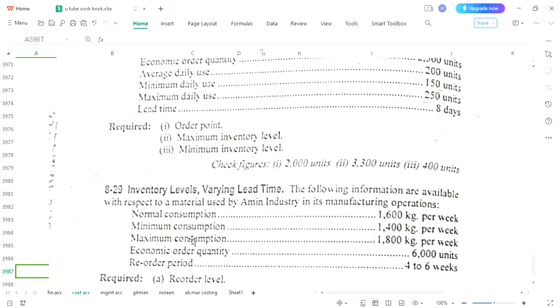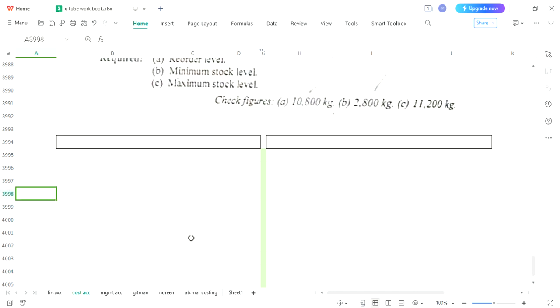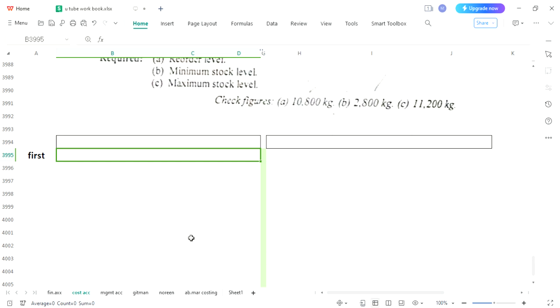Okay, what I was telling you: there are four major factors. The first element we will be concerned with is the ordering point. And how do you calculate the ordering point? For that you need maximum consumption, and you need to multiply it with lead time.